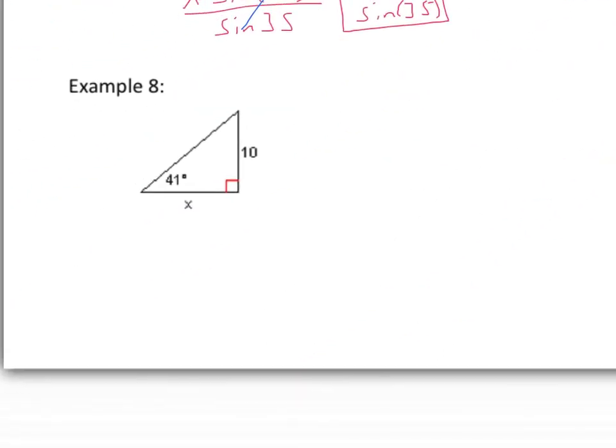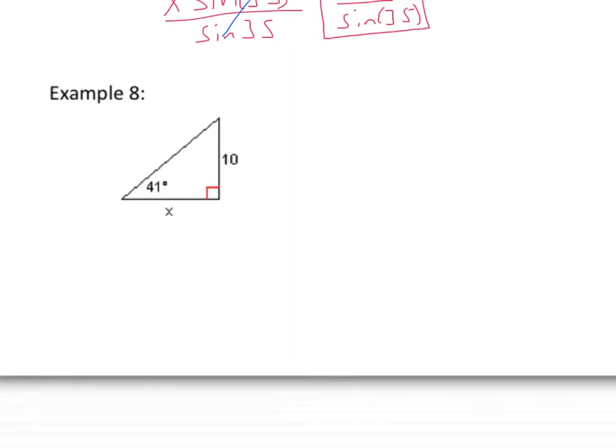Our last one here, again we have three sayings to help us remember our ratios. If we're going to look from here, this is opposite, this is hypotenuse, and this is adjacent. Of these sides, the hypotenuse is the one that gives us nothing, no variables or numbers. So anything that uses hypotenuse we will throw out, which tells us that tangent is our best choice.